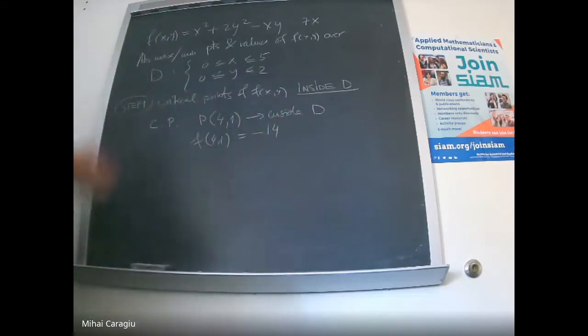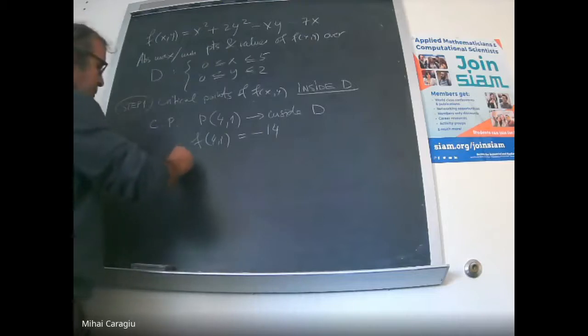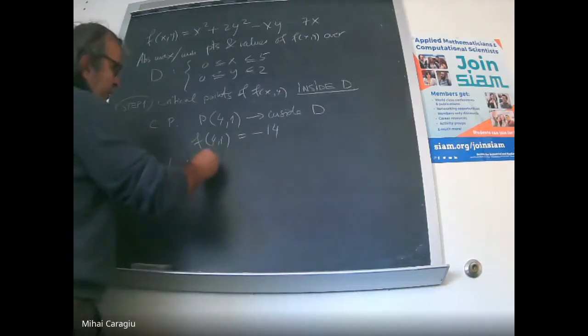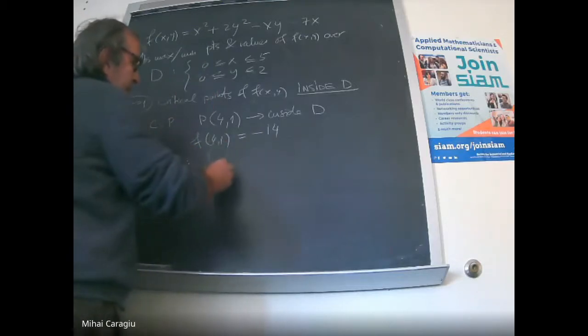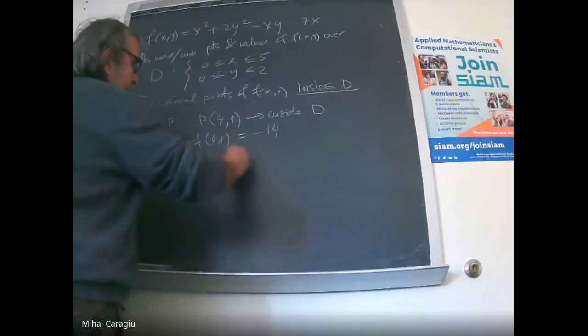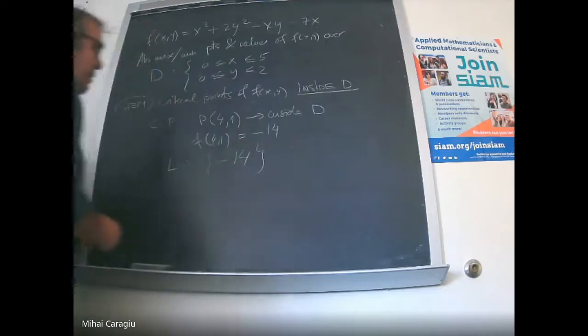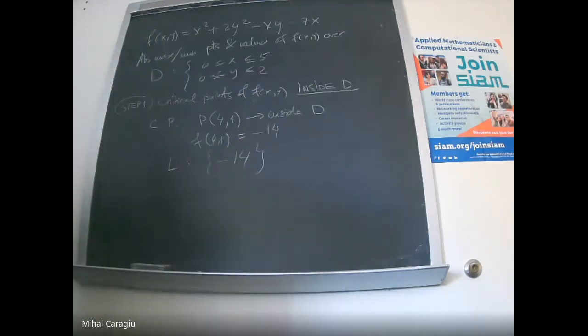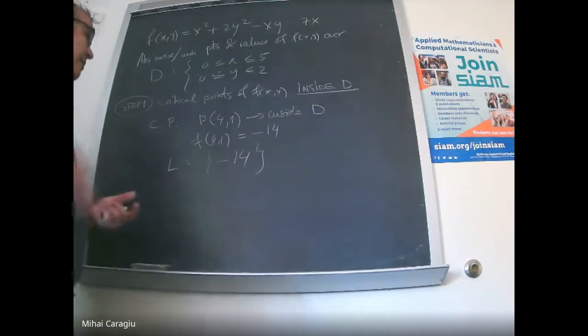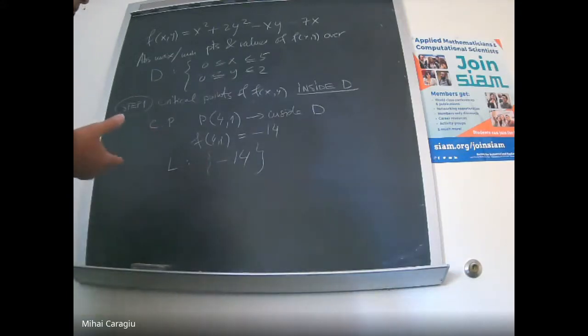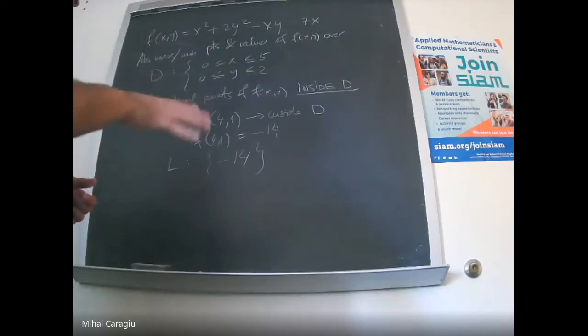So the outcome of step 1 is to initiate a list of values of the function at critical points inside the domain. We have only one critical point, so the list is only populated by the value minus 14.